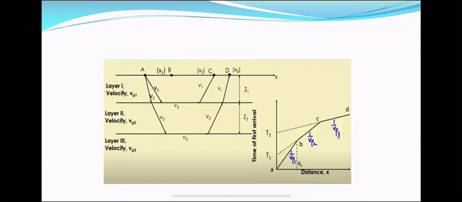So this is the curve. We can see not only one layer, we can also calculate with this change of the slope. We can determine the velocity. By this we can see that we have drawn a curve by taking distance x on the x axis and time of the first arrival, that is t, on the y axis.